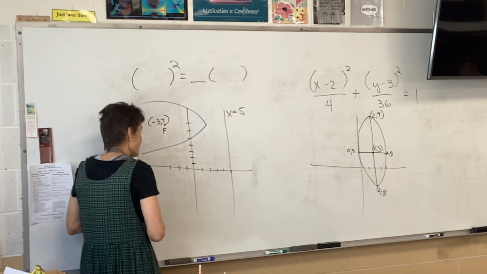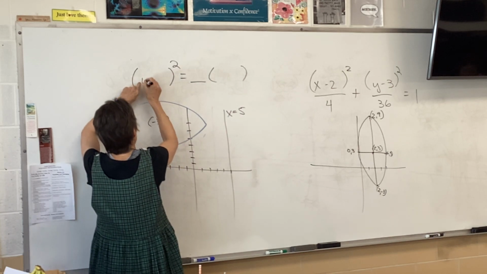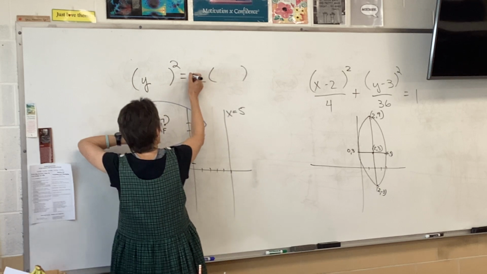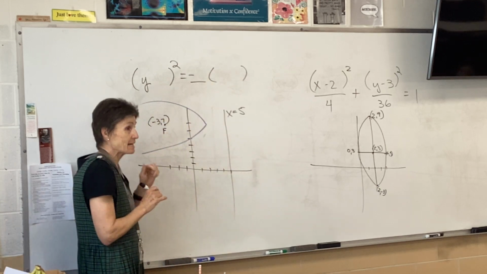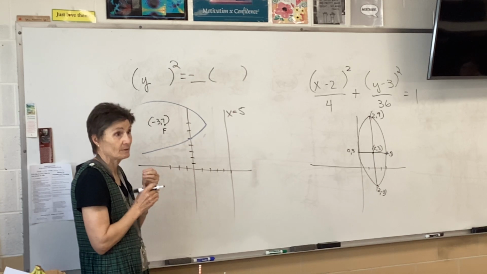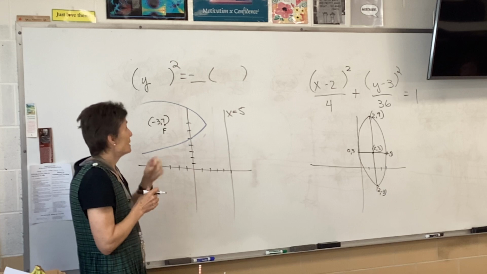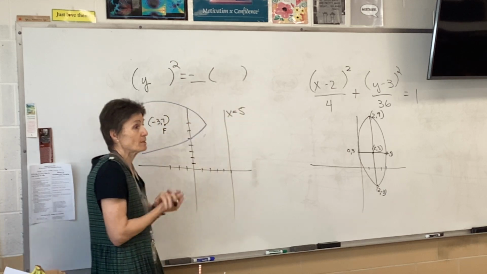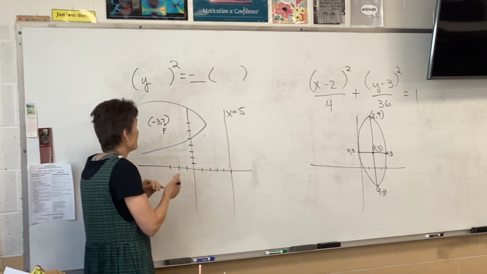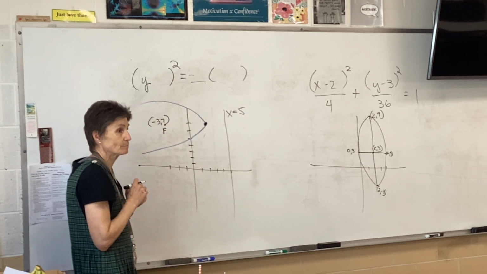Now, if it opens left, what's squared? Y. And don't forget to make that number negative at some point. You don't necessarily have to do it right now, but that number has to end up negative because left is a negative. Now, in the parentheses is going to go your vertex. And your vertex is going to be right here. Would everybody agree with that?